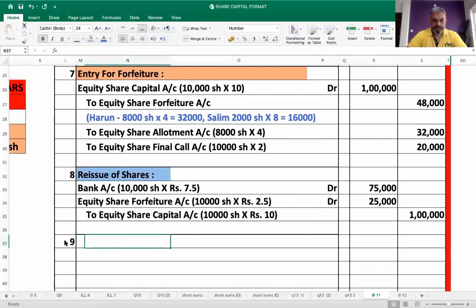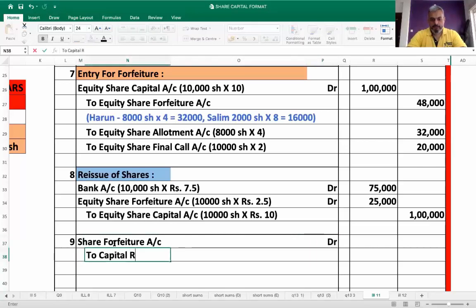Ninth entry is transferred to capital reserve. So share forfeiture account debit to capital reserve account.